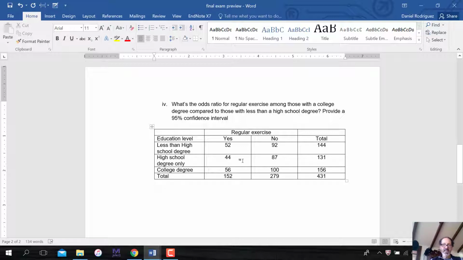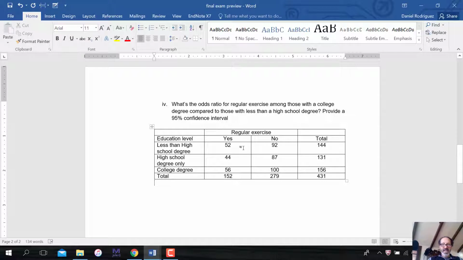I will say that you can only calculate an odds ratio for a 2x2 table. So this isn't a 2x2 table, right? Because there's 1, 2, 3, 4, 5, 6 cells, so it's actually 3x2. We always count the rows first. So a 3x2 table would mean there's 3 rows and 2 columns. A 2x2 would be 2 rows and 2 columns.